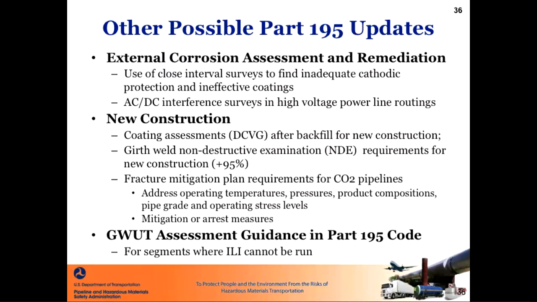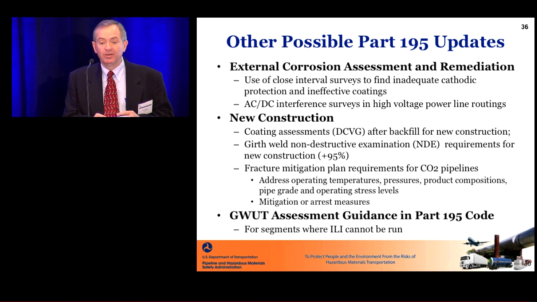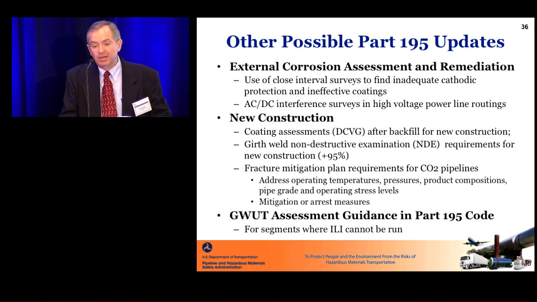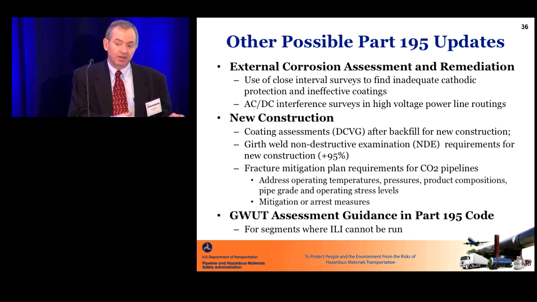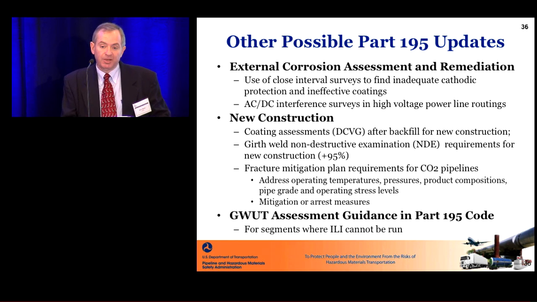Another is interference currents, AC and DC interference currents. Do we need surveys in high voltage power line routings? Are you doing that now? On some of the new construction where PHMSA has given special permits or an alternative MAOP, and we've required an operator to do these surveys, we've seen within 3 months up to 40% wall loss and greater on some very high-profile, large diameter pipelines. But the permit, in the alternative MAOP rule, has helped spell this out.